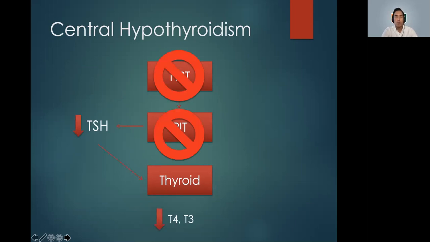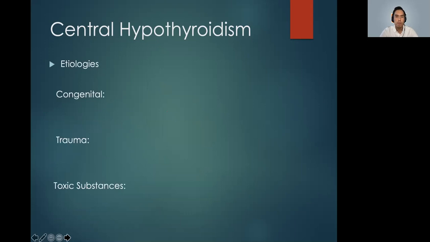So in central hypothyroidism, the TFT abnormality that you'll see is a low thyroid hormone with low to normal TSH. TSH can be normal, but in this situation, we call it inappropriately normal for the low thyroid hormone levels. So that's central hypothyroidism.